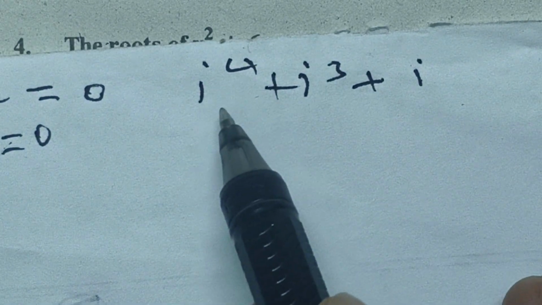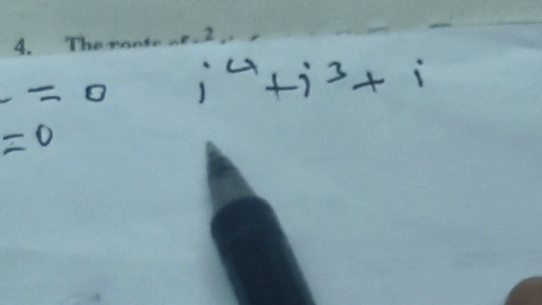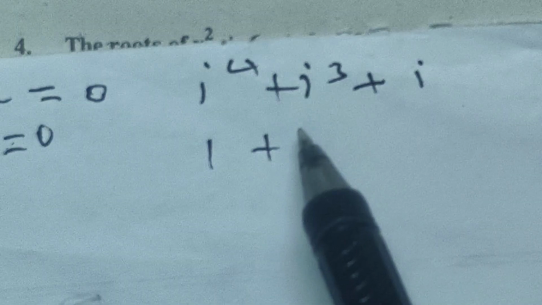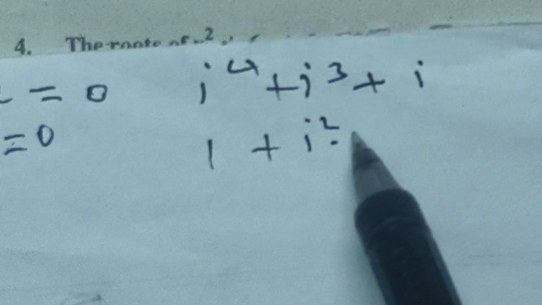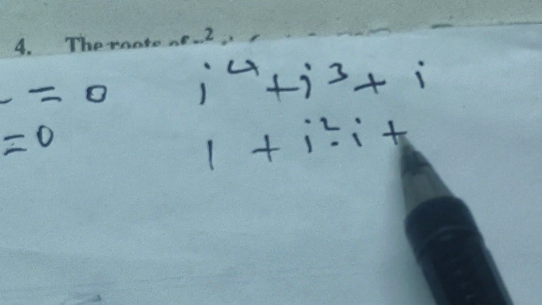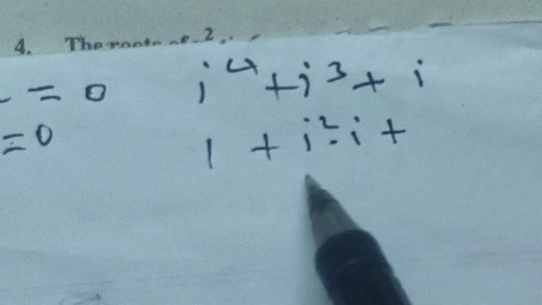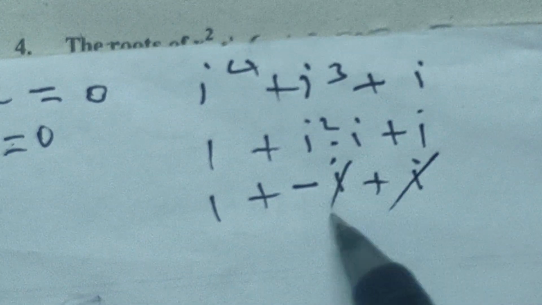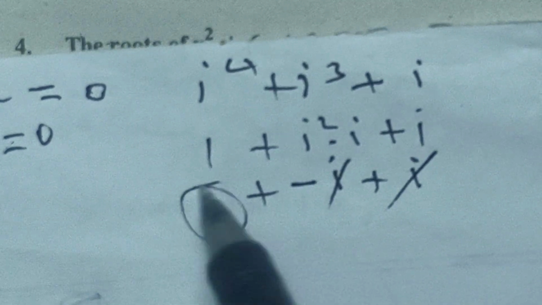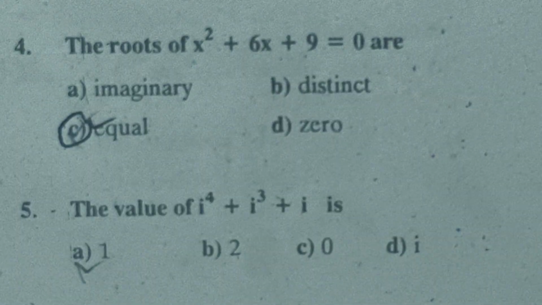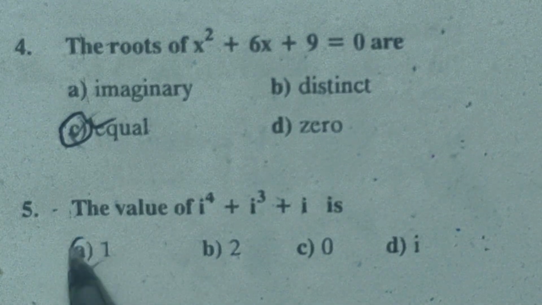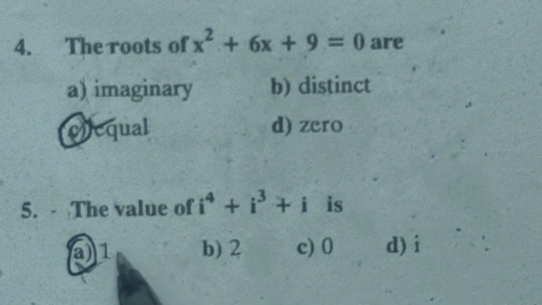Therefore, i power 4 is minus 1 into minus 1 is plus 1. i cubed we can write as i squared into i. i squared is minus 1, so minus i. So 1 plus, at last plus i. Plus i minus i is 0. So the value of i power 4 plus i cubed plus i is option A, 1. This is the correct answer.